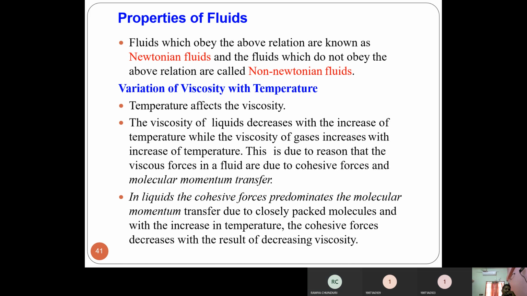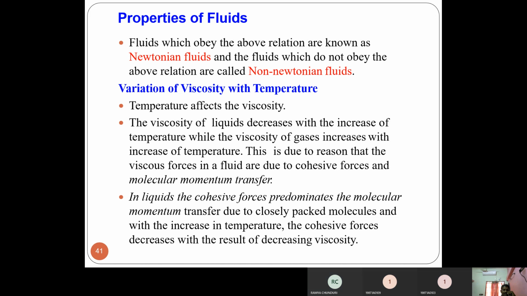Viscosity naturally varies with temperature. The two predominant factors which affect viscosity based on temperature are cohesive forces and molecular momentum transfer.